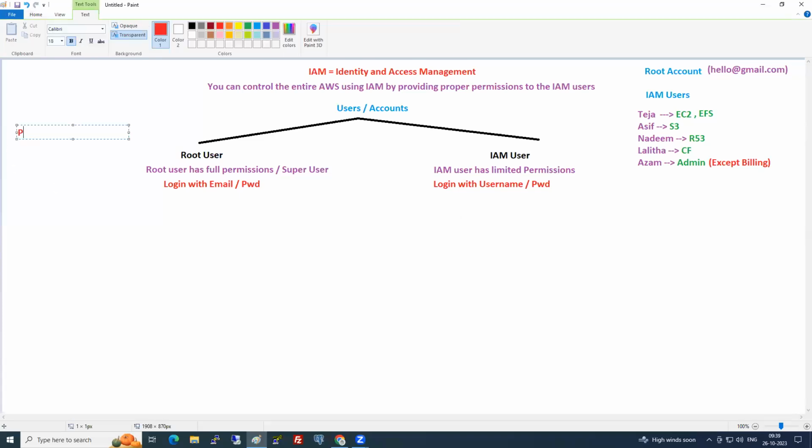So can I say parent account is nothing but root account, and child accounts are nothing but IAM accounts? So the child accounts here are IAM user 1, IAM user 2. Can you create multiple IAM users? Yeah, like this you can create.